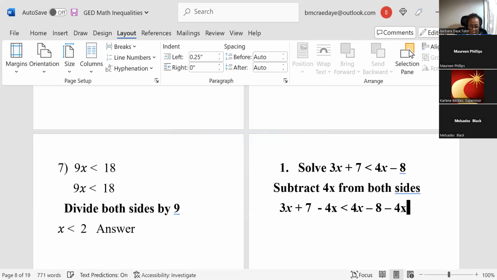Now, Maureen, what do I have on the left side? 3x minus 4x. 1x. Plus or minus? A minus. That's right. So I'll have 7 minus 1x.